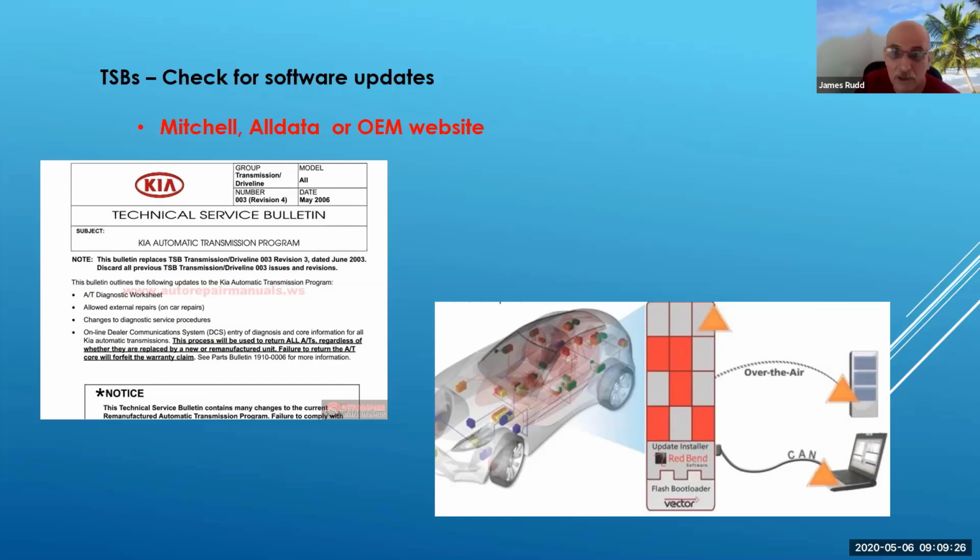And this is where I really want to press on you about technical service bulletins. There are service bulletins out there that might be for the code, and sometimes they can give upgraded procedures and programming and also possible upgraded parts. So keep that in mind. You can find them through different sources as we go along.